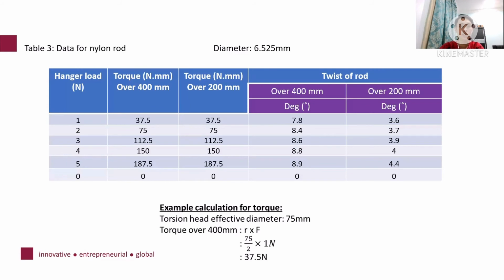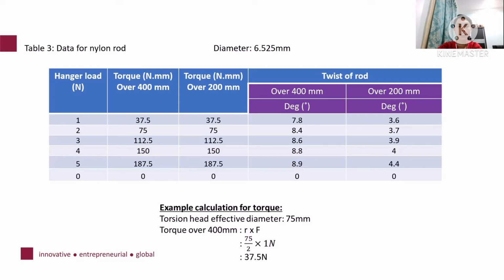This is table 3, the data for the nylon rod, and the given diameter is 6.525 millimeter. The hanger load is at 1 Newton increments until it reaches 5 Newton. Then we calculate the twist of the rod for 400 millimeter and 200 millimeter in radian.